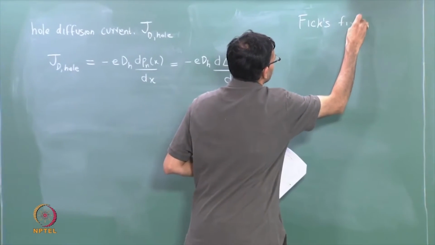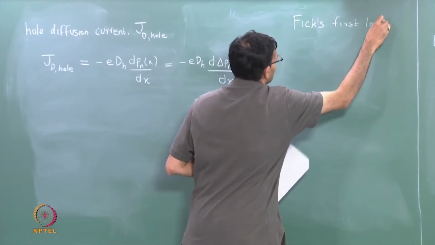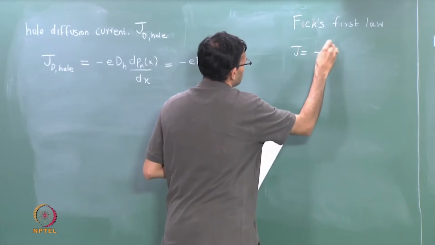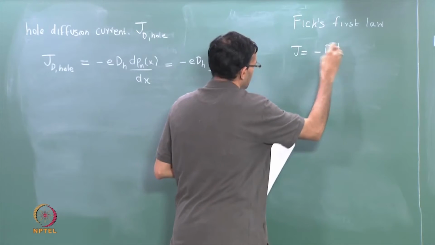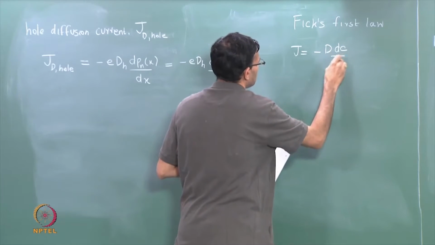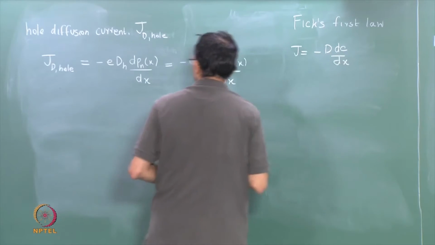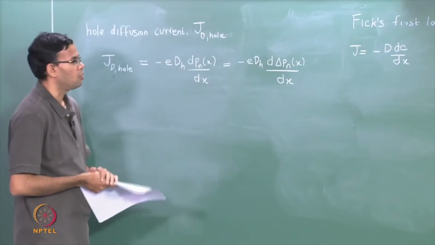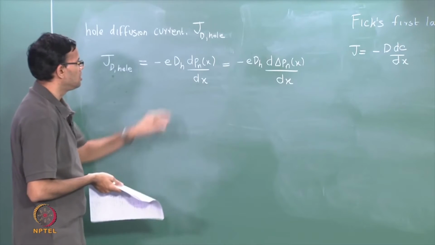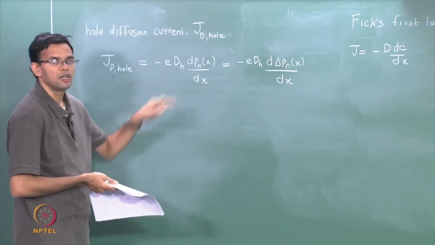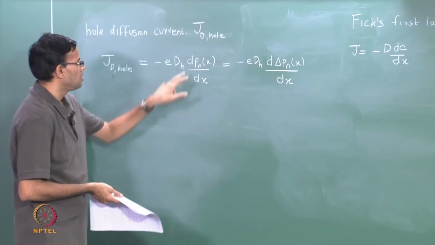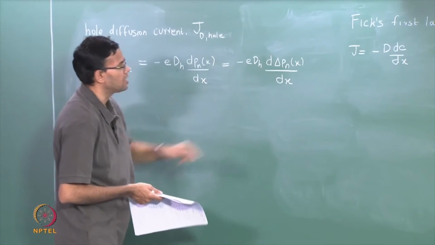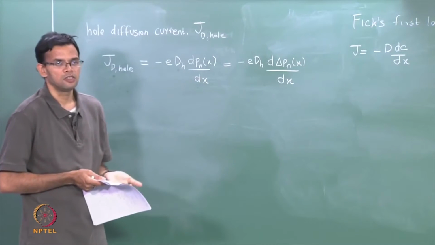Fick's first law says that the flux is minus a diffusion coefficient times your concentration gradient. So, now your flux is nothing but the hole diffusion current, which is equal to minus a diffusion coefficient, and dP over dx or d delta P over dx is nothing but a concentration gradient.